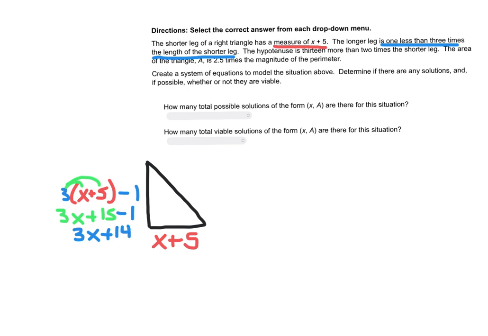Now let's take a look at the hypotenuse, which says it is 13 more than 2 times the length of the shorter leg. So it's going to be 2 times the length of the shorter leg. So that would be 2 times x plus 5.